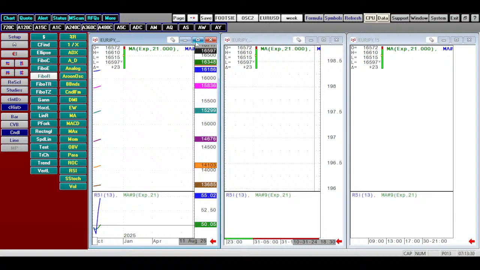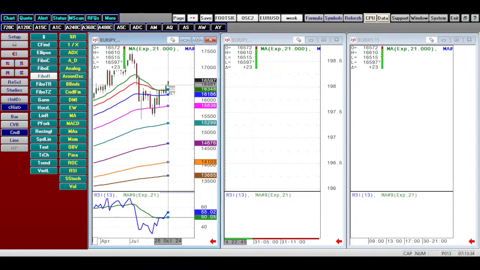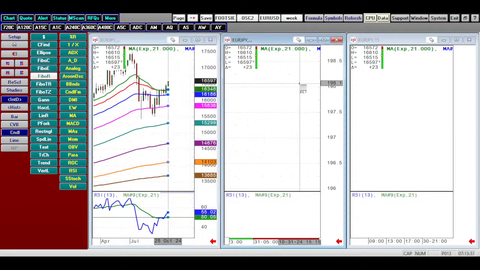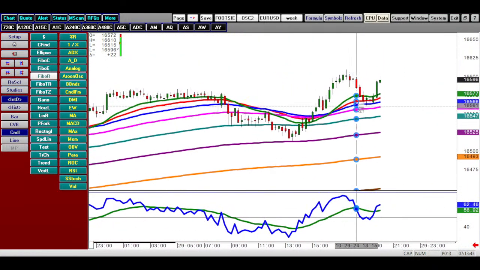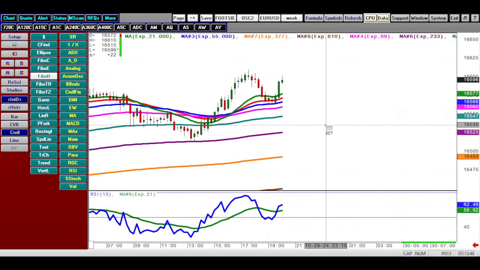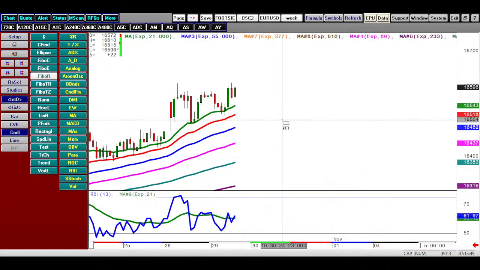So if you look at it, this is a weekly time frame. The weekly is still pointing up, and this is a 15 minute, and let's say we look at your 2 hours.